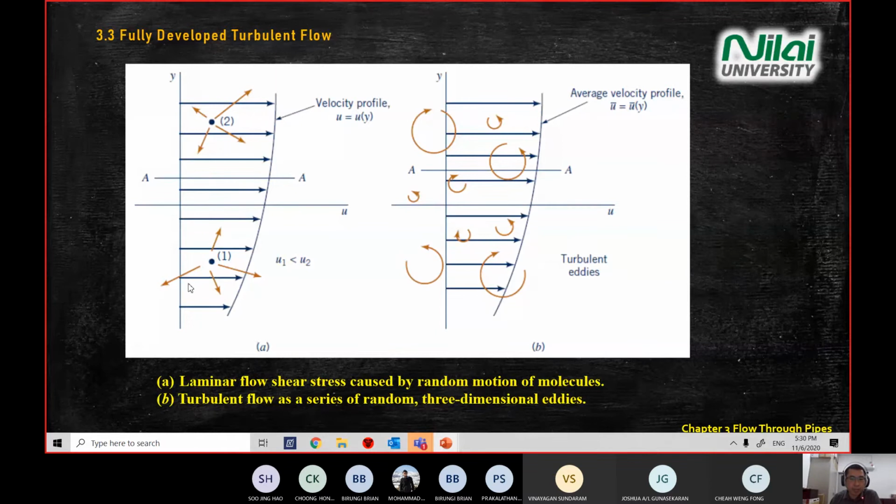In the laminar, you see the velocity at points 1 and 2 will be different, and the velocity vector is a straight line, compared to the turbulent. In turbulent flow, there will be a lot of direction changing.